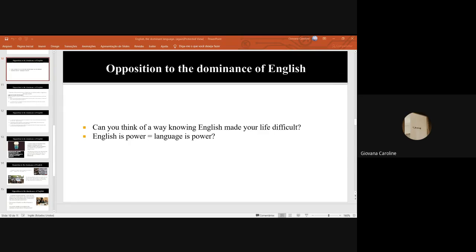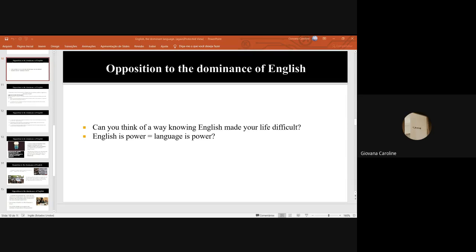So he presented a whole point of view in which English is the dominant language, and now he is trying to present the opposition to this English. And this opposition comes and came from many parts. Most of the opposition have something in common, and it is a recognition of a linguistic imperialism.